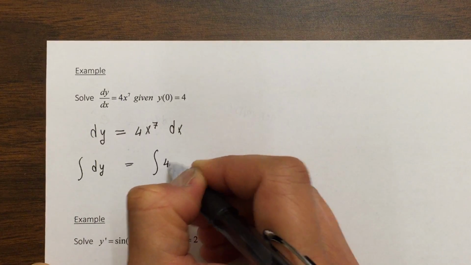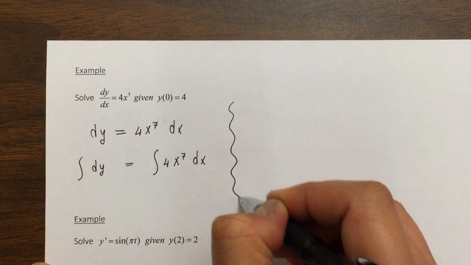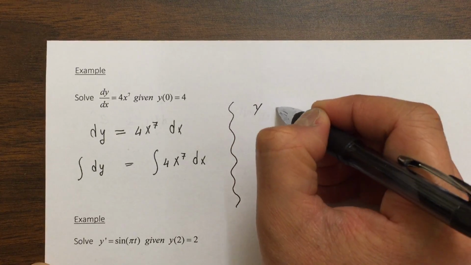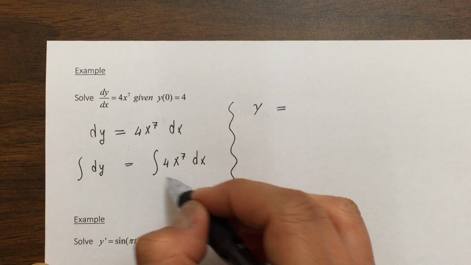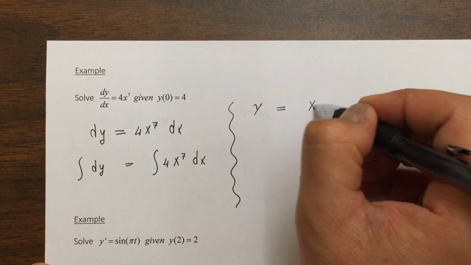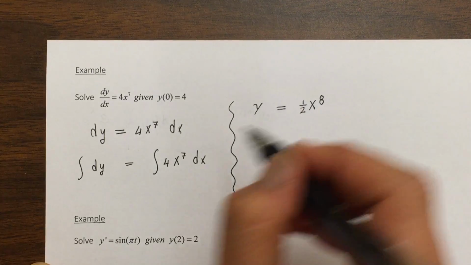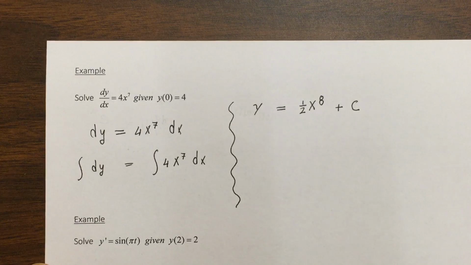Okay. When we integrate the left side, we get y. When we integrate the right side, we get x to the 8, and there's a 1/2. So I'm using the power rule, and that's how I got 1/2 plus c.